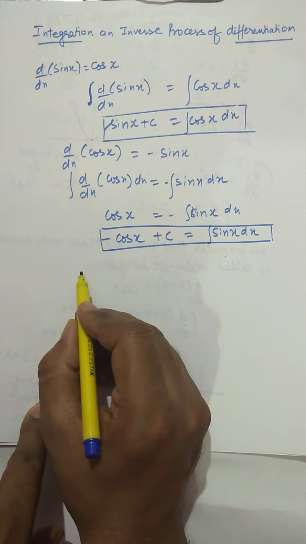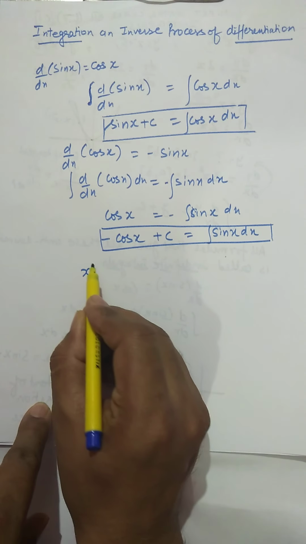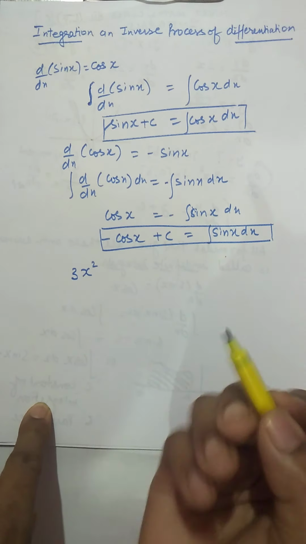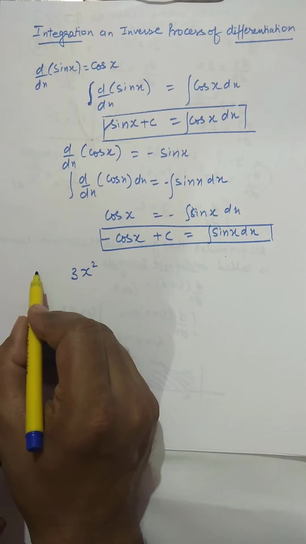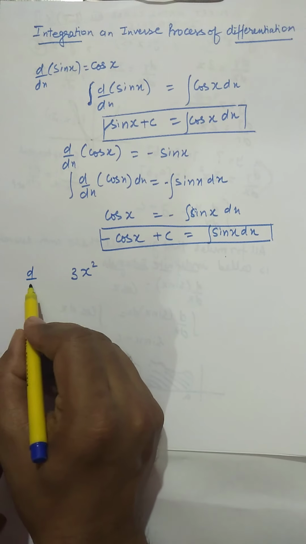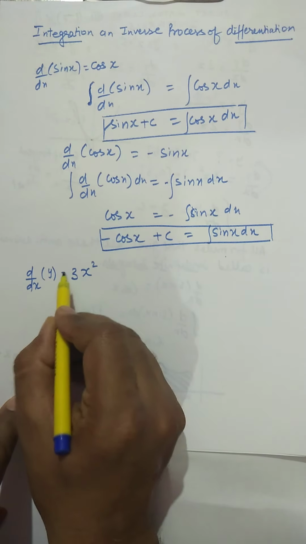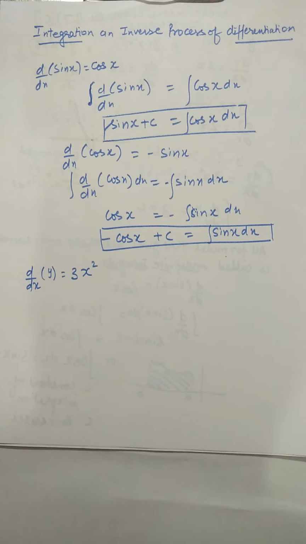Sometimes if I give you questions like this, 3x square, if I give you that this is the derivative d by dx of y, something 3x square, can you think of what the original function can be?